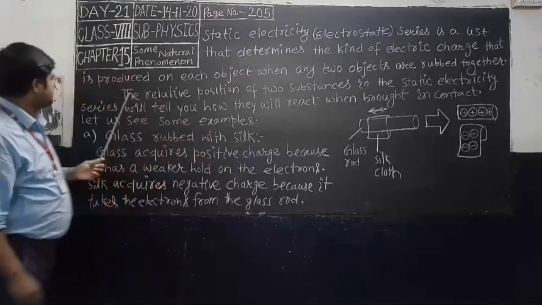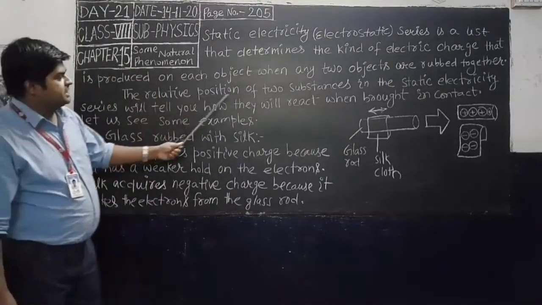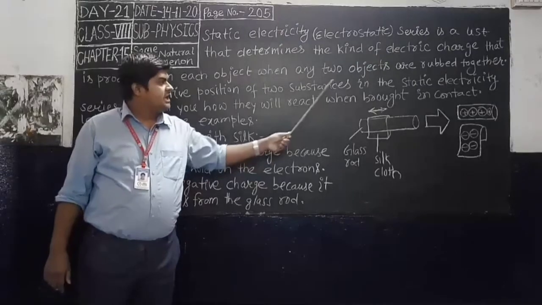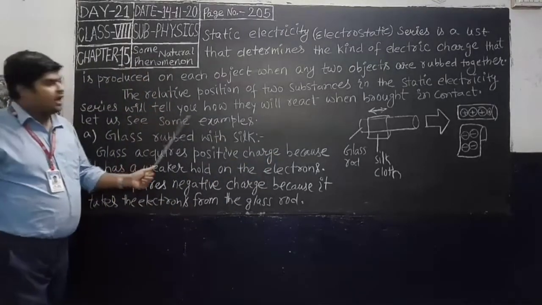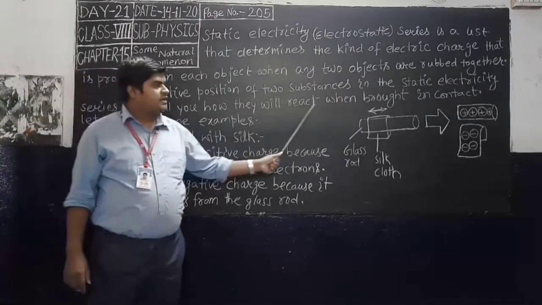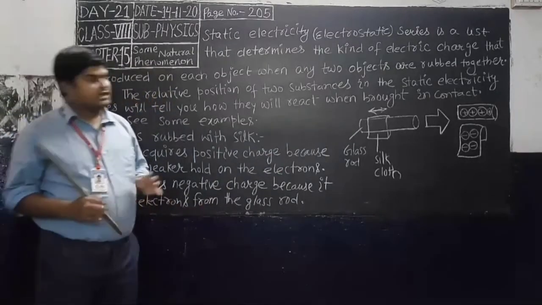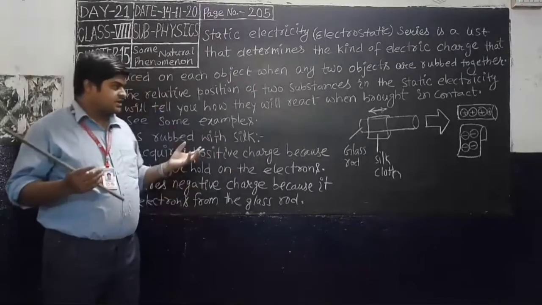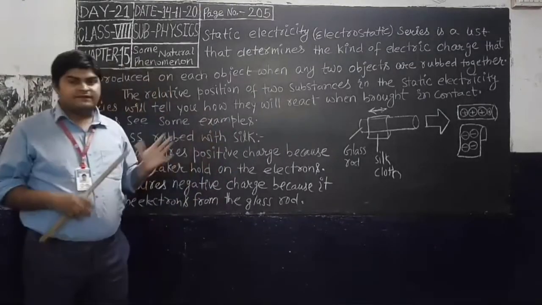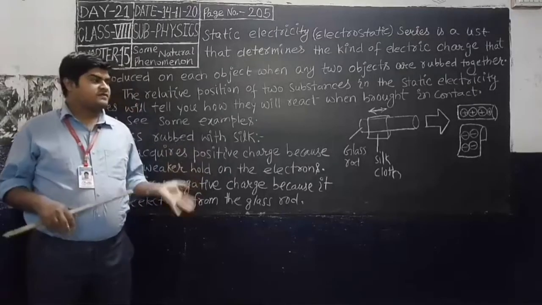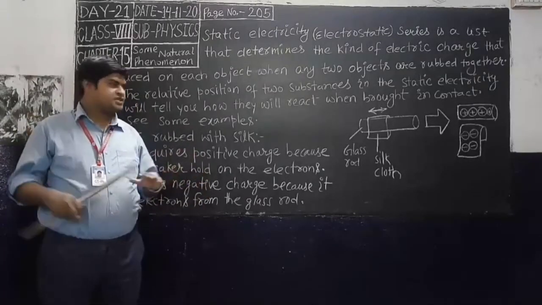The relative position of two substances in the electrostatic series will tell you how they will react when brought in contact. In that column, silk cloth, glass rod and ebonite rod are given, showing which one is positive and which is negative when rubbed.